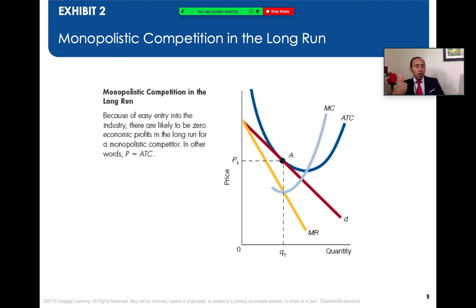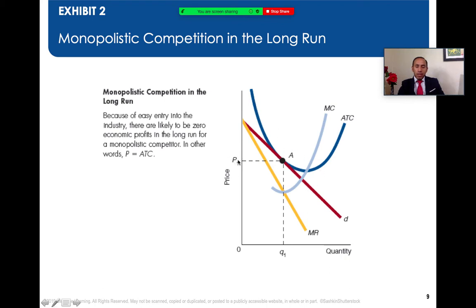We have Ford, GM, all of the other providers like Toyota, for example, or other major firms like Honda, etc. If there's entry into the industry, the demand for the existing firms may lower, because consumers are going to demand more of the other differentiated products, and this is going to create a situation where the demand for the goods and services is going to be tangent to the average total cost.